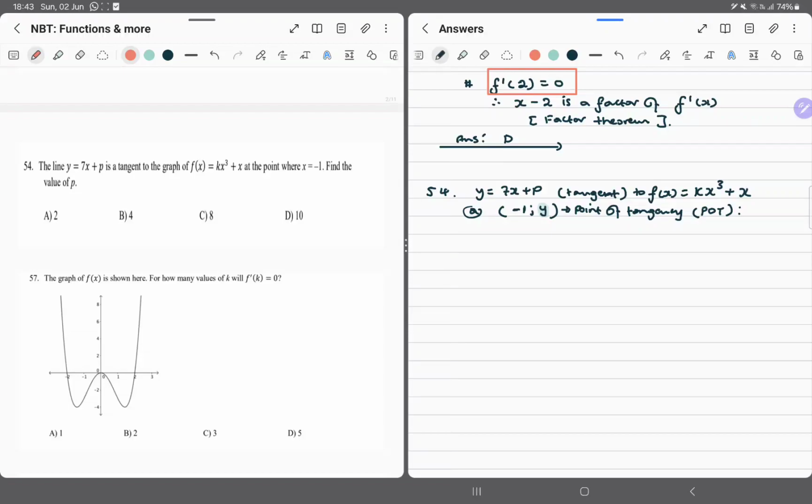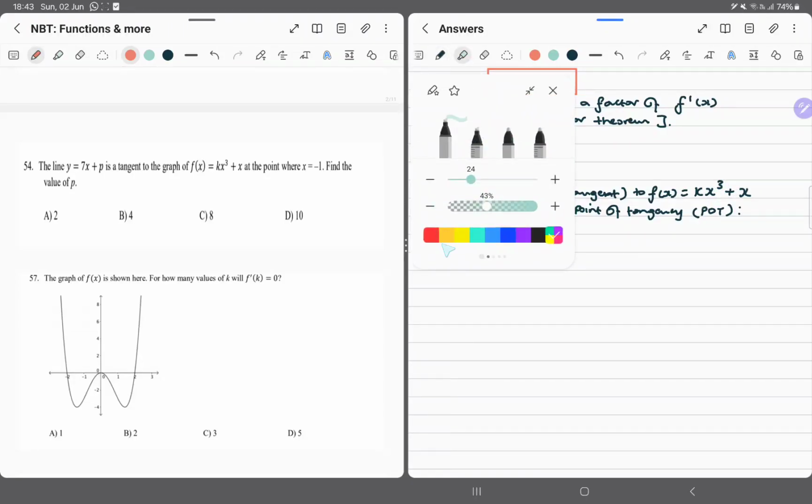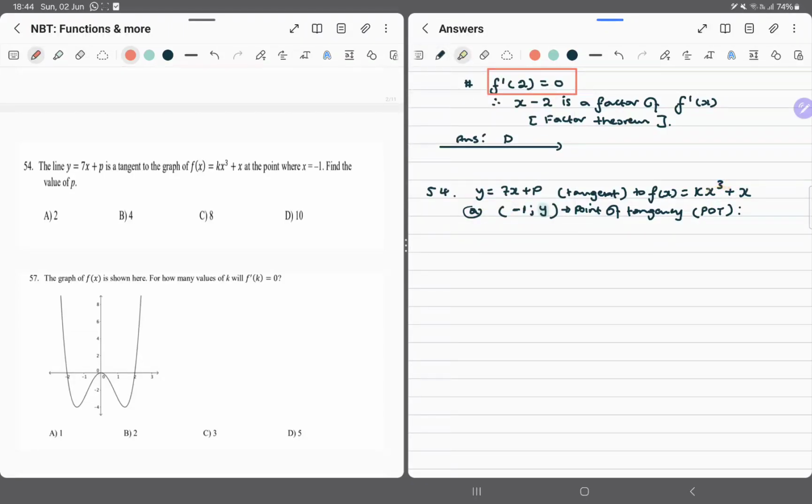Okay, so what do we see? We are seeing a straight line and a cubic function because of the highest degree power involved in the expression.